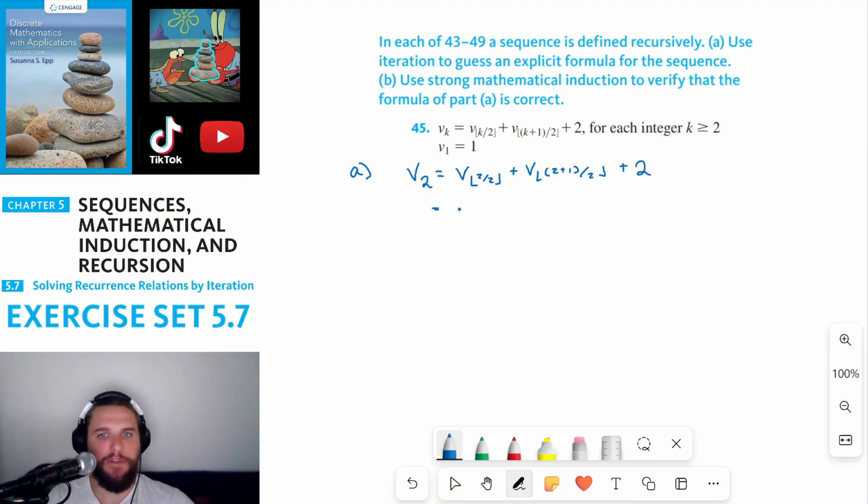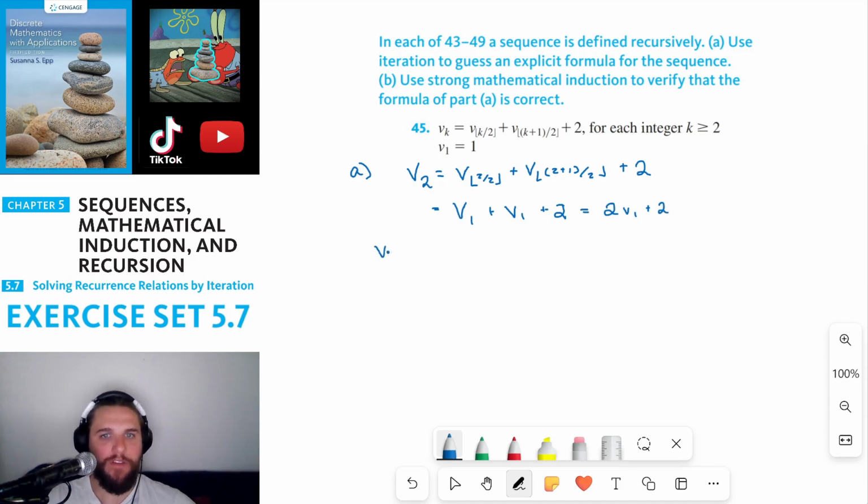This can be simplified to v sub, now 2 over 2 is just 1, and if you round 1 down, you still get 1. And then (2 plus 1) over 2 is 1.5, and if you round that down, we get 1. So we get v sub 1 plus v sub 1 plus 2, which simplifies to 2v sub 1 plus 2.